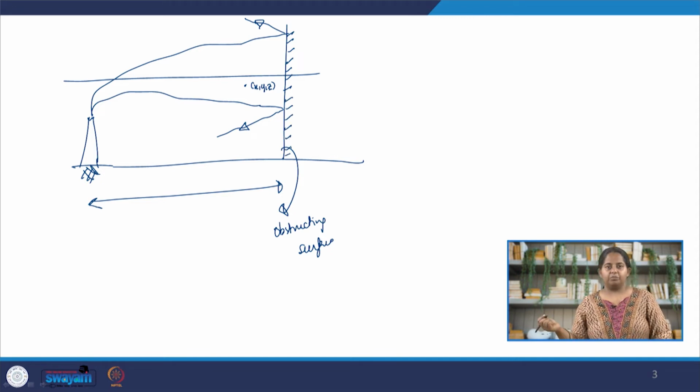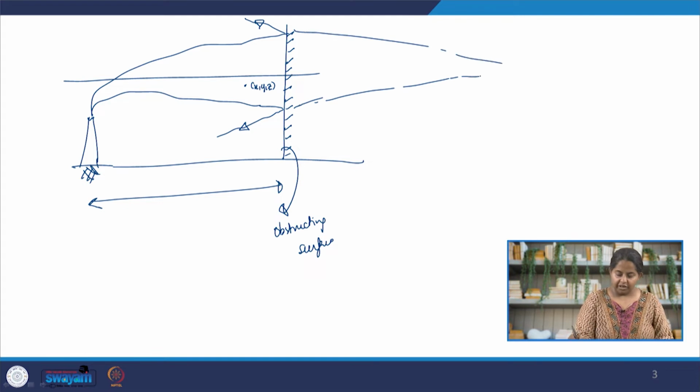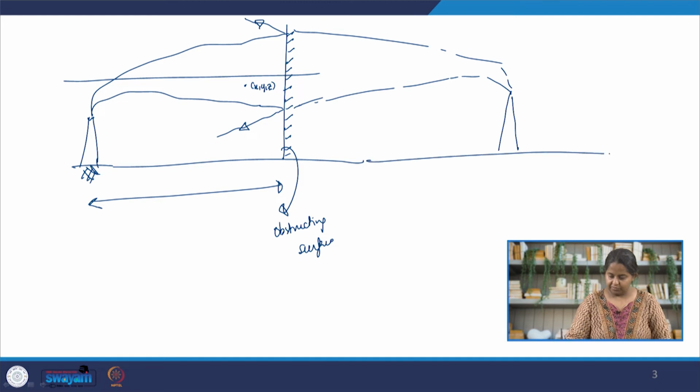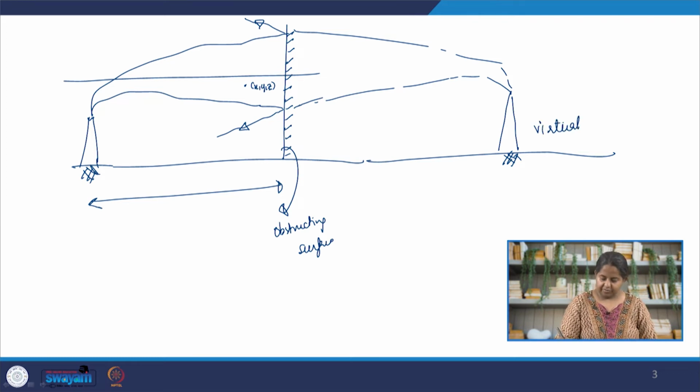It's acting like a mirror, so you can trace back the plume, and what you will see is that there is a virtual chimney here, with same center line, same height, same emission rate. It's not a real chimney, it's a virtual chimney.